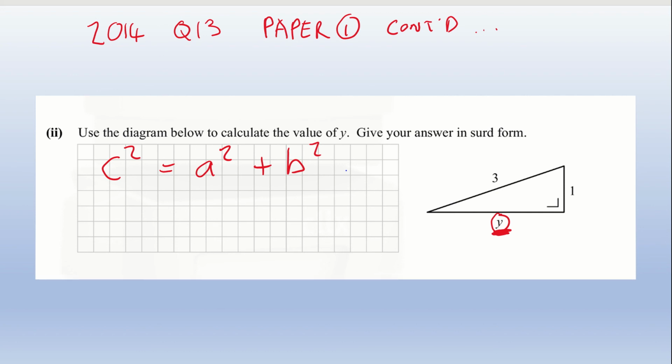Now, our labeling comes into play. Our longest side here is the 3. So 3 is going to be my c. And my 1 and my y, they're going to be a and b. So I'm going to label this a and this b.